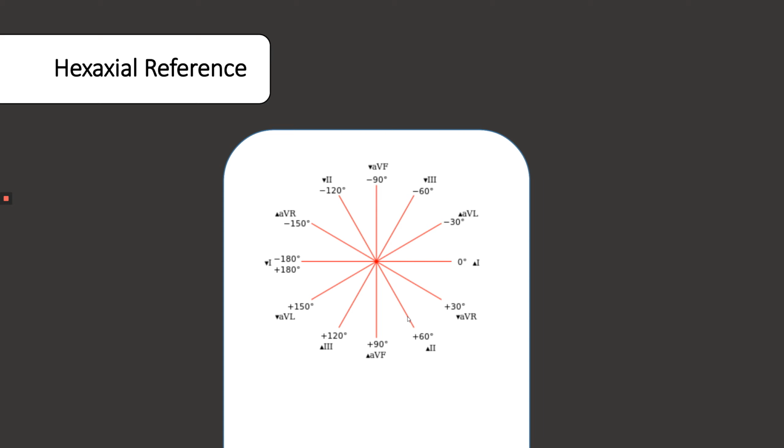So you'll see here, this is the hexaxial reference right here. Very common graphic to see. And this gives me the basic outline of which electricity can travel. So remember, in reference to here, this is where your SA node is.